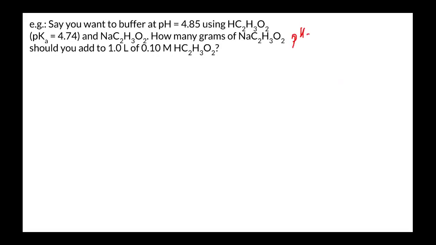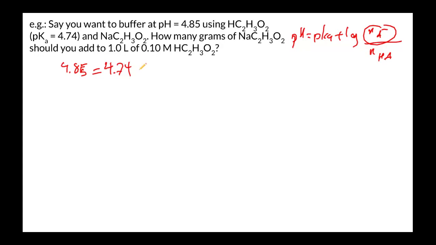Remember that pH is equal to pKa plus the base 10 logarithm of the number of moles of conjugate base, which in this case is the acetate ion, divided by the number of moles of HA, which is in this case acetic acid. Now we know everything in the Henderson-Hasselbalch equation except for that. We know the pH, the target pH, that's 4.85. We know pKa is 4.74.